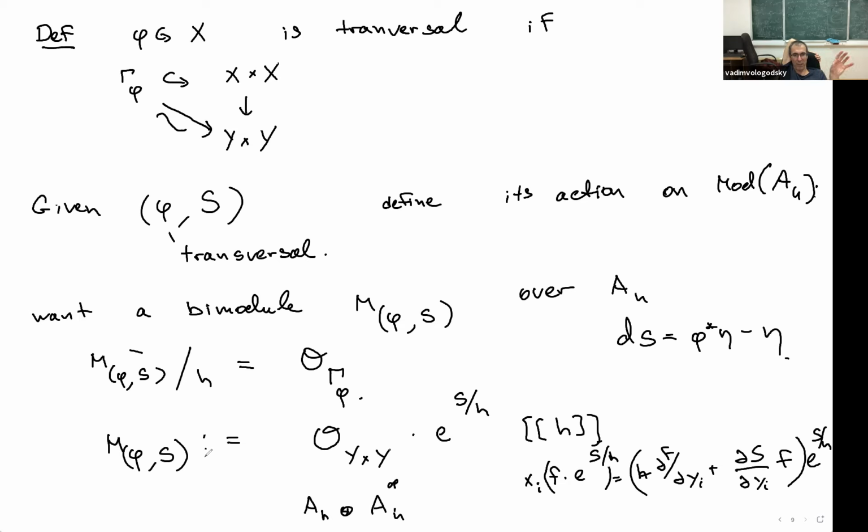The composition of transversal elements need not be transversal, so all three must be transversal. Right. So for some other formal reasons, once you have this datum only for transversal ones, it extends to all. You mean by formal, you really use this formal argument that everything is power series in h? Yes. I see, okay.